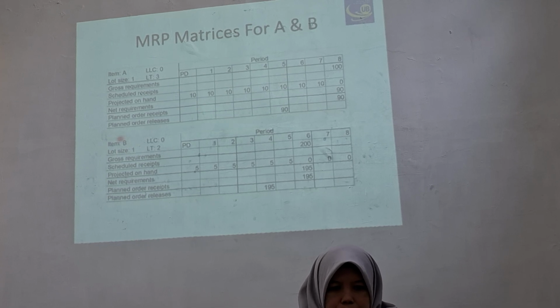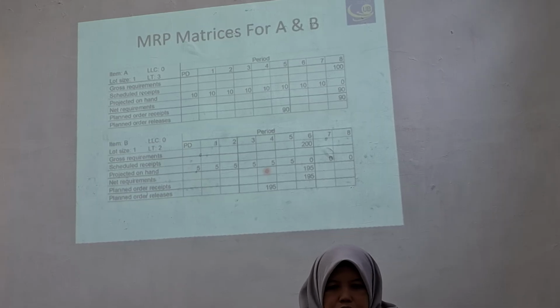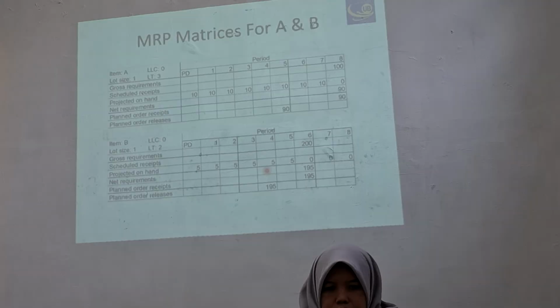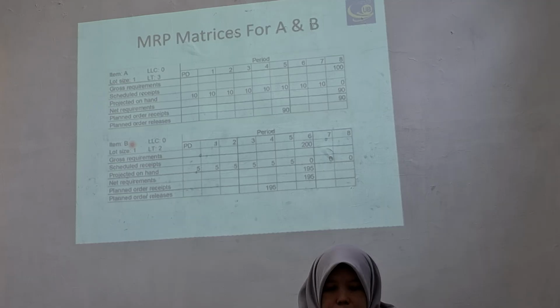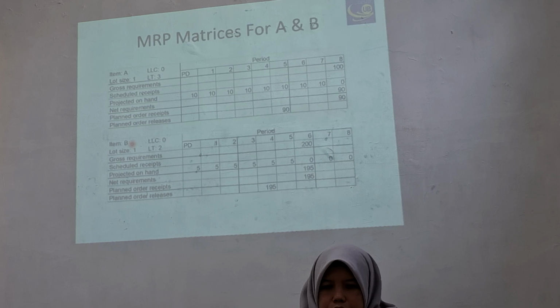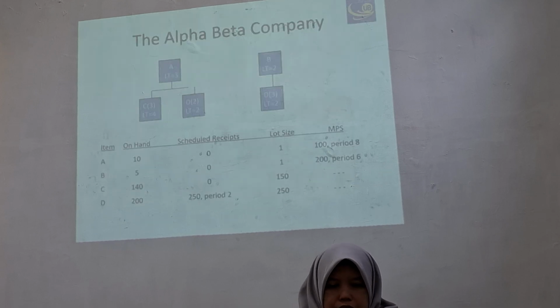So in item B, Auntie, can you explain how we can calculate the quantity in this matrix from this information? Item B. Okay.